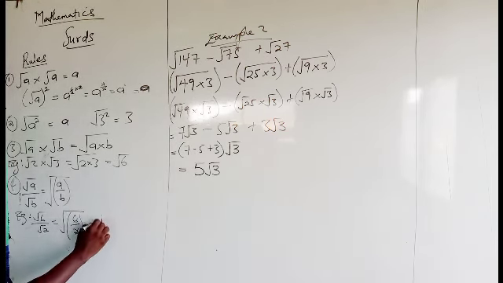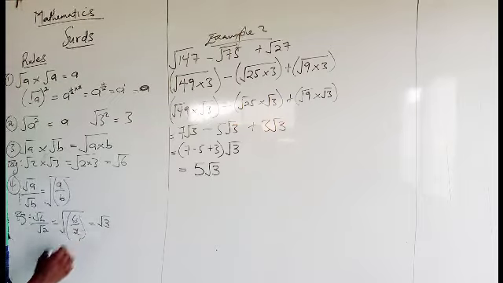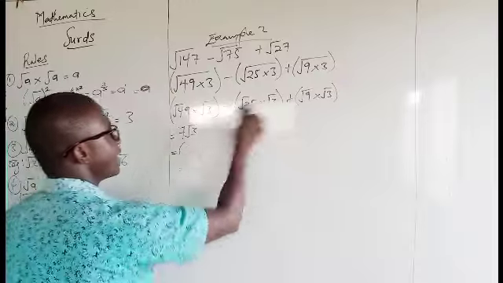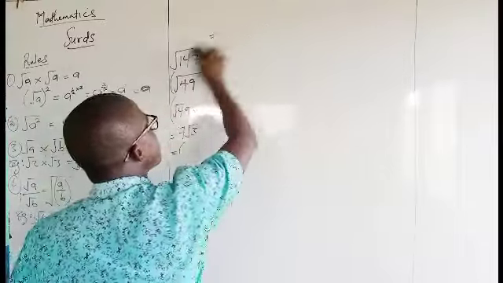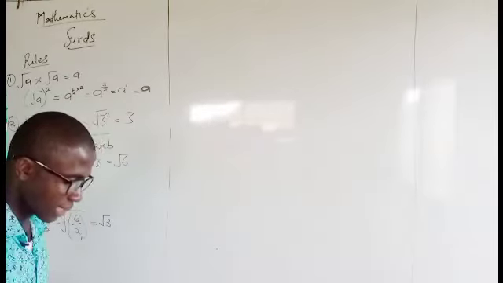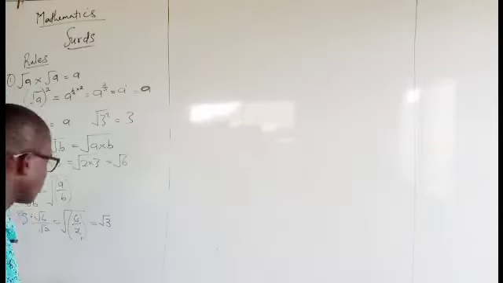So that will be square root of what? 3. Good. It's good you are trying. Yeah, so basically these are some of the rules of surds. There are more. Okay, let's move on.